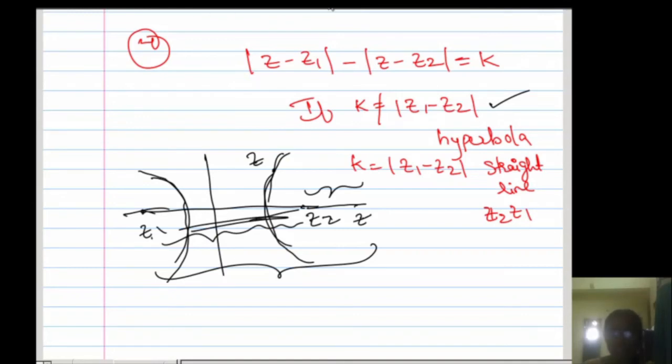So I can do one example problem also. See here. Example: mod Z minus 2 minus mod Z plus 2 is equal to, you can take anything, for example, 5. What happened here?